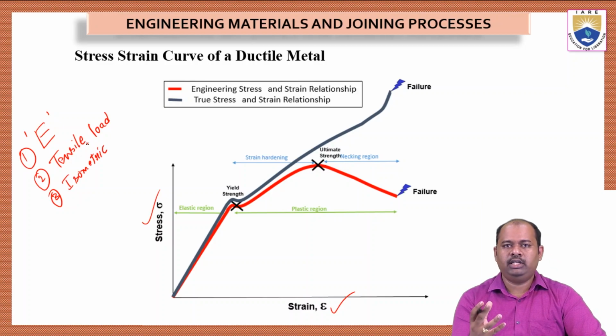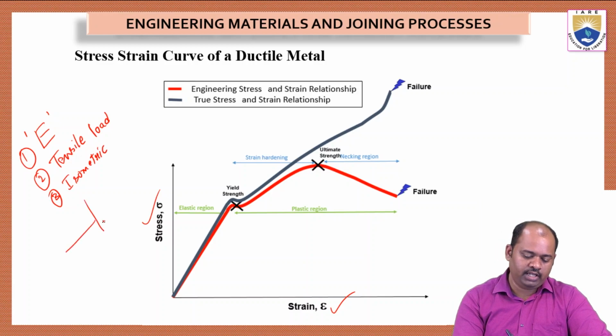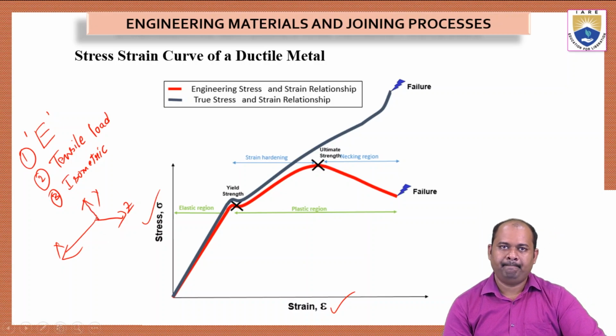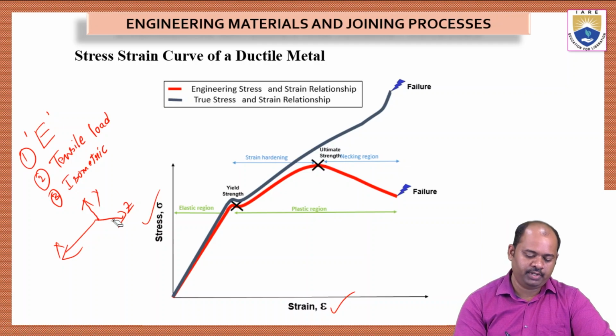That means in all three directions, like X, Y and Z, the properties of the metal should be the same. Then it is called isotropic.